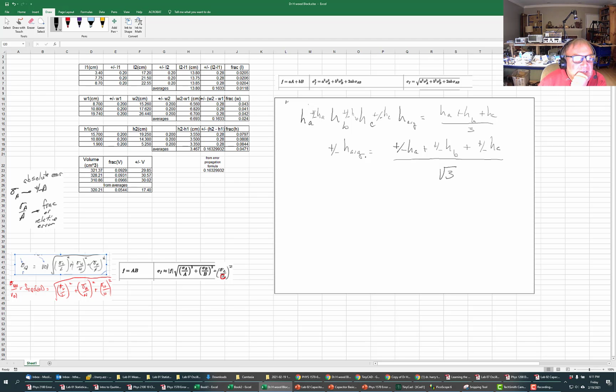So when I was getting ready to make this video, I started doubting myself a little bit. So I did a little back of the envelope, or back check calculation. I said, okay, let's think about H average and look at the original equation here, the one we used to get the plus minus on H2 minus H1.